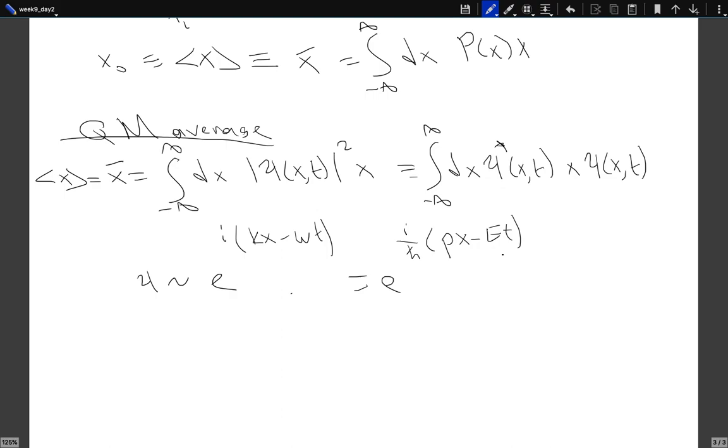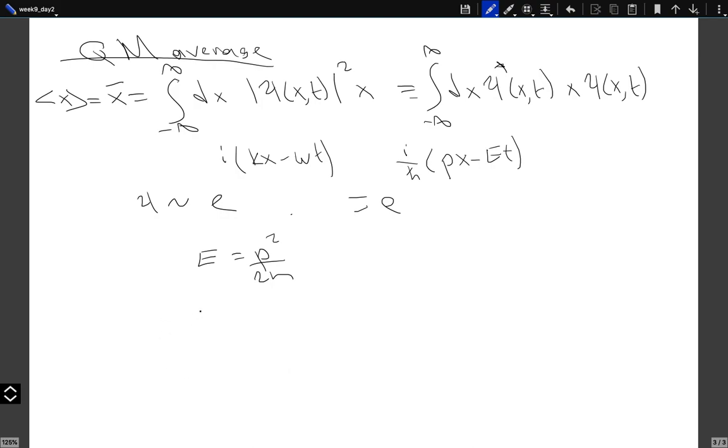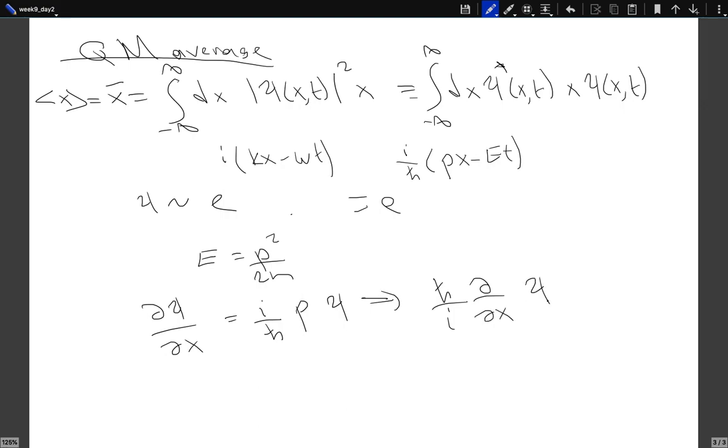And then we said, okay, if the wave function is like this, and we want to somehow insert this wave function into our energy equation, we took its derivative with respect to x. So if I take the derivative of my wave function with respect to x, it will be i over h bar p times psi, or h bar over i times the derivative with respect to x of psi is equal to p psi.